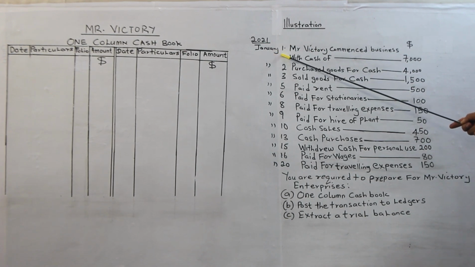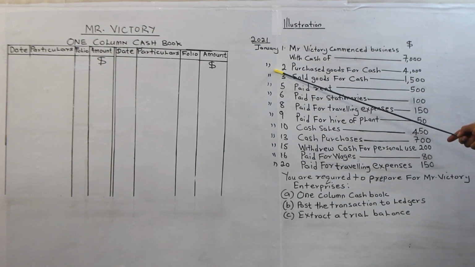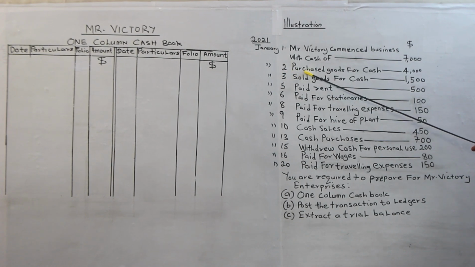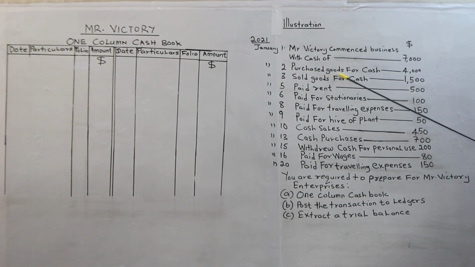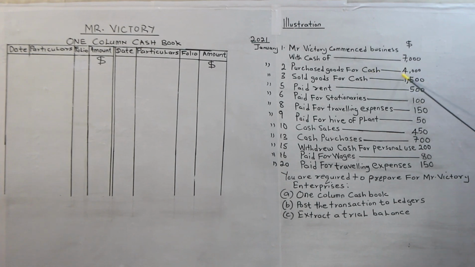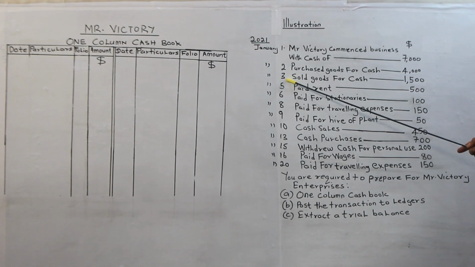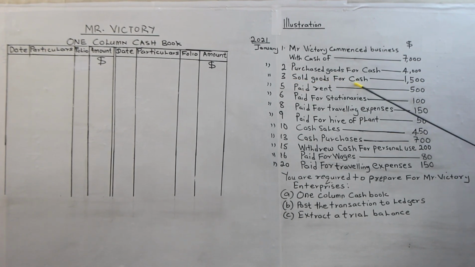2021, January 1st, Mr. Victory commenced business with cash of $7,000. January 2, purchased goods for cash $4,000. January 3rd, sold goods for cash $1,500.